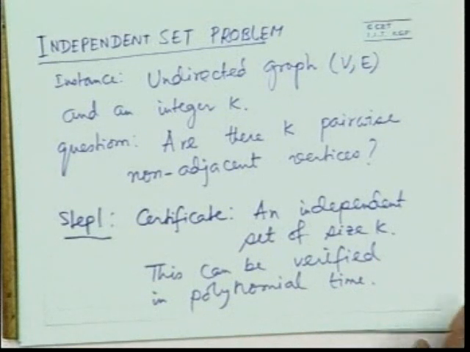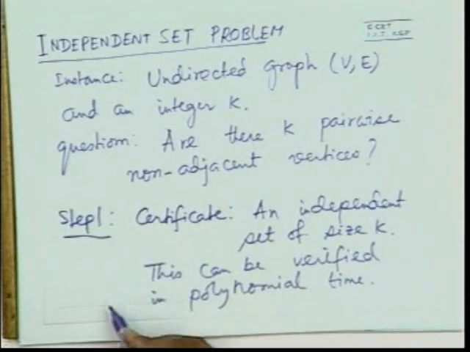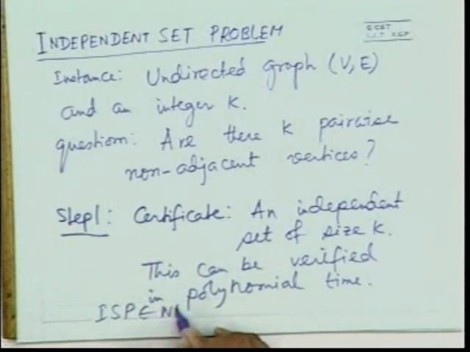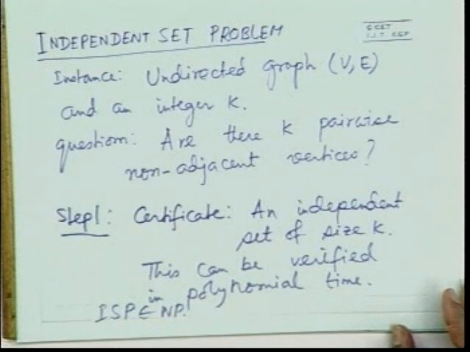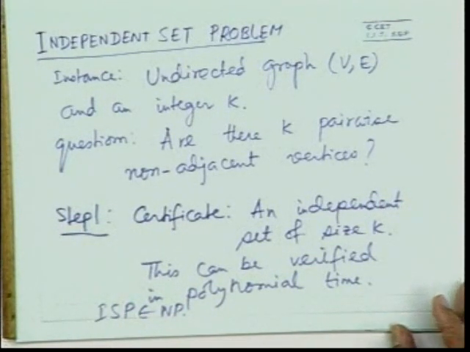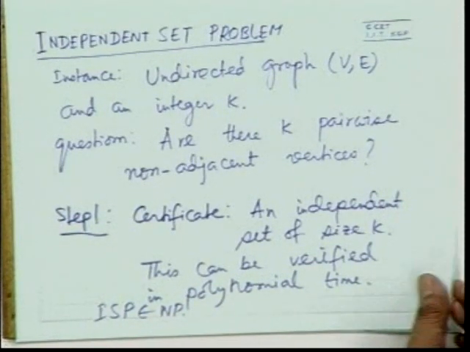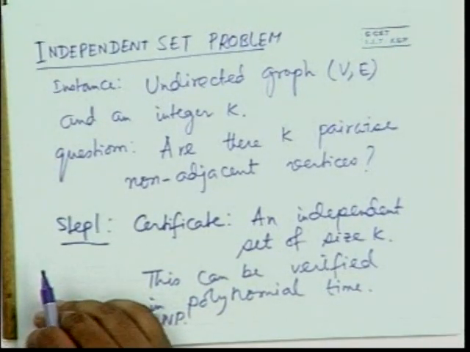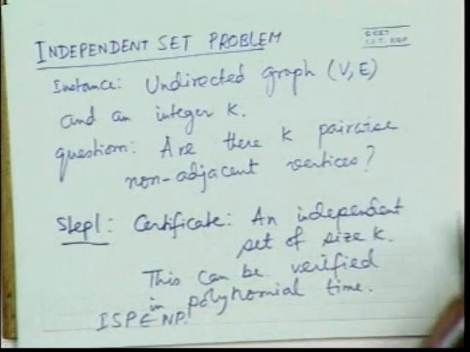So this is the first thing. So this is in NP. So this shows that the independent set problem, ISP, is in NP. Now the next step is the reduction, and somebody has already pointed out the reduction.